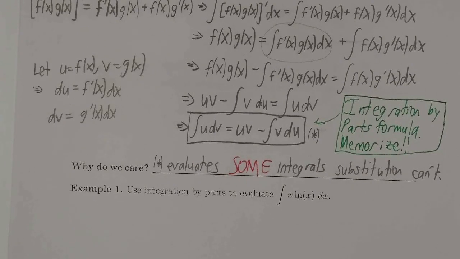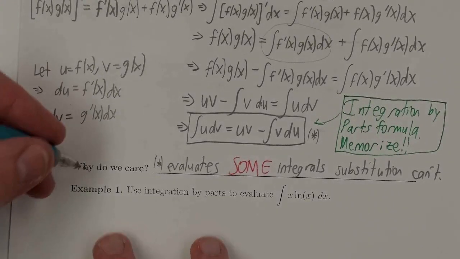Okay, so that's why we need this integration by parts formula. And to give you an example of what I mean by such an integral, let's take a look at example 1. Okay, so for example 1, we have to use integration by parts to evaluate the integral of x times natural log of x dx.